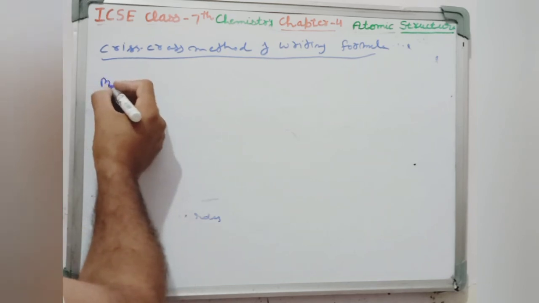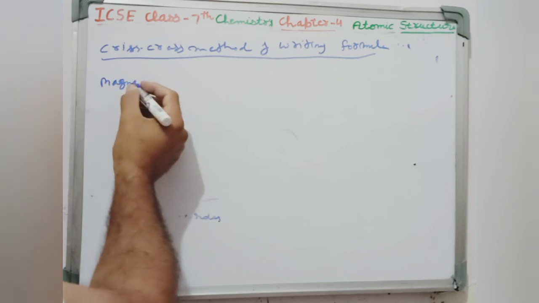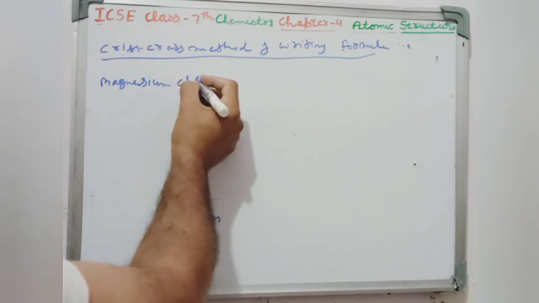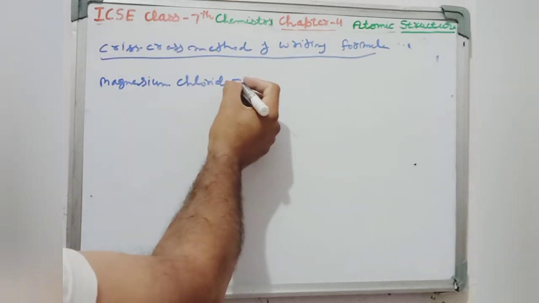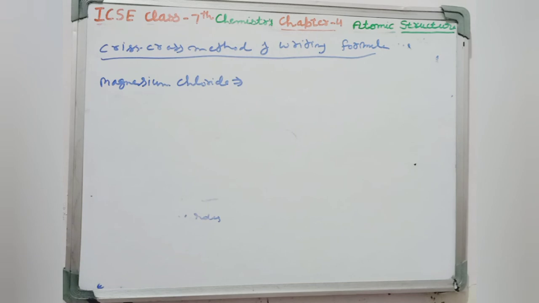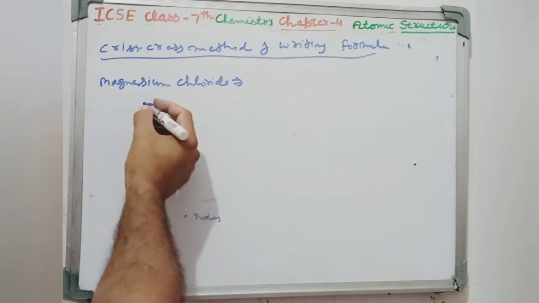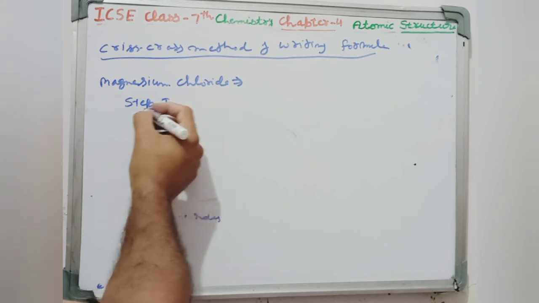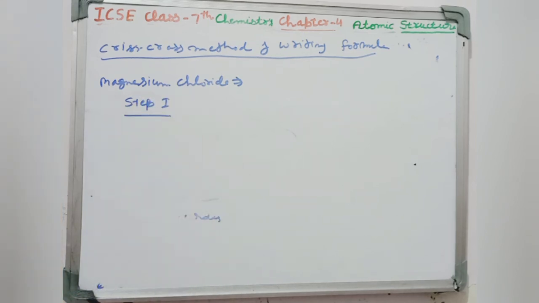Suppose I want to write the formula of magnesium chloride. In step 1, write the symbol of the positive radical to the left and the negative to the right side of a compound.